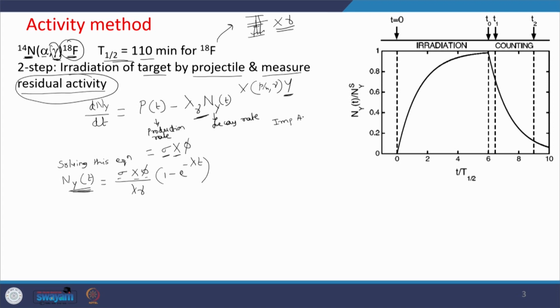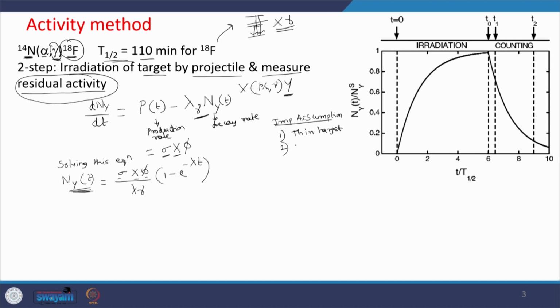Important assumptions. Number 1, the target is thin enough, so the energy loss is almost constant.